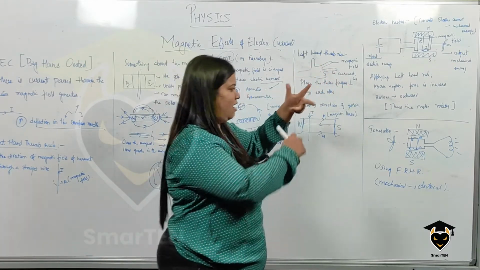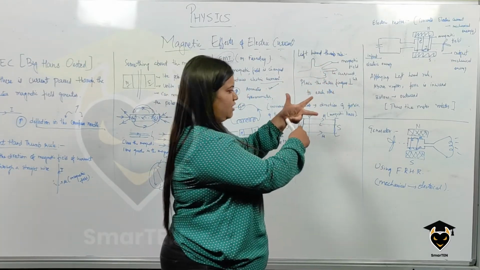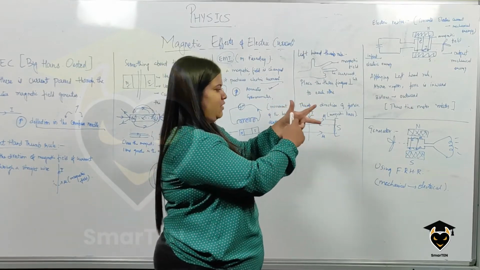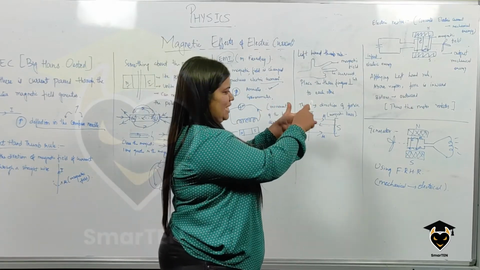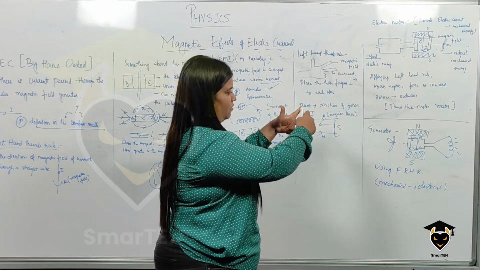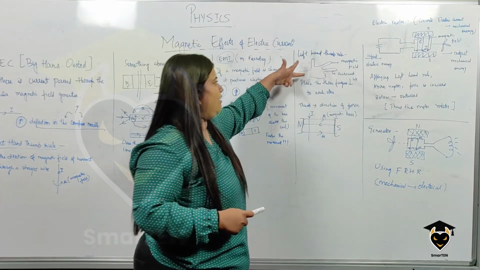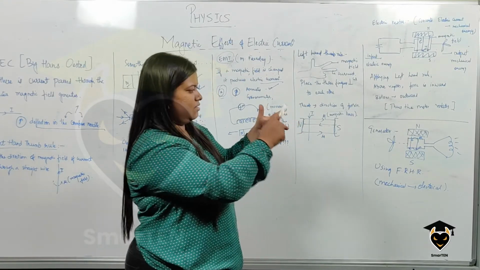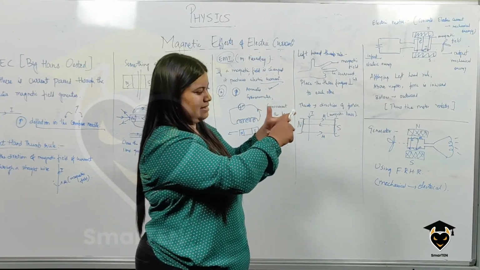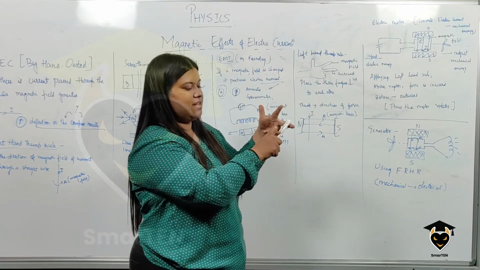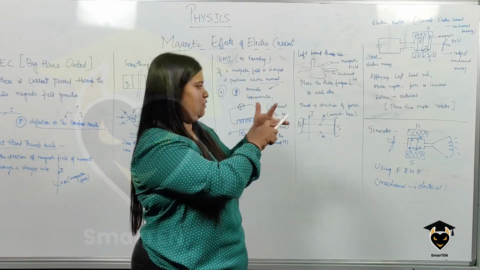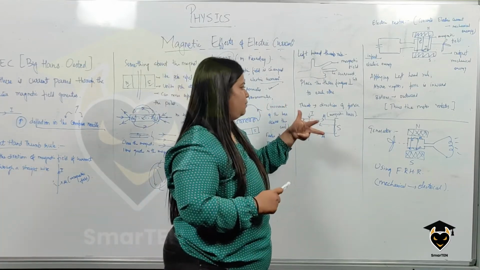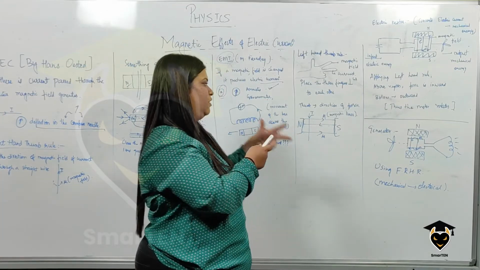I place my fingers such that each finger is perpendicular. According to the left hand thumb rule, if my first finger represents the magnetic field, and my middle finger represents the direction of the current, then my thumb will tell me the direction of the force.